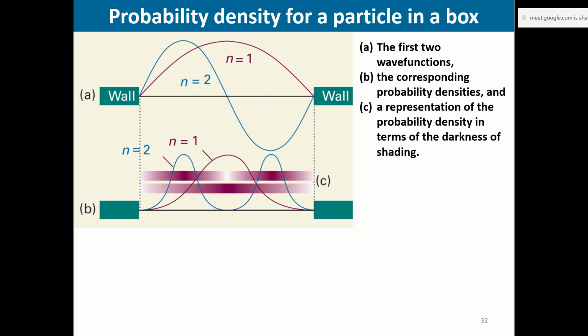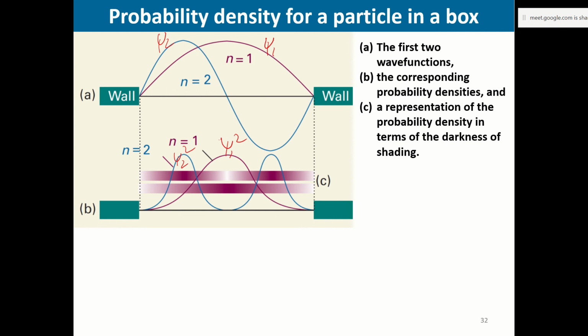So this is psi 1, and this is psi 1 squared. This is psi 2, and this is psi 2 squared. This is the blue curve, and the red curve.